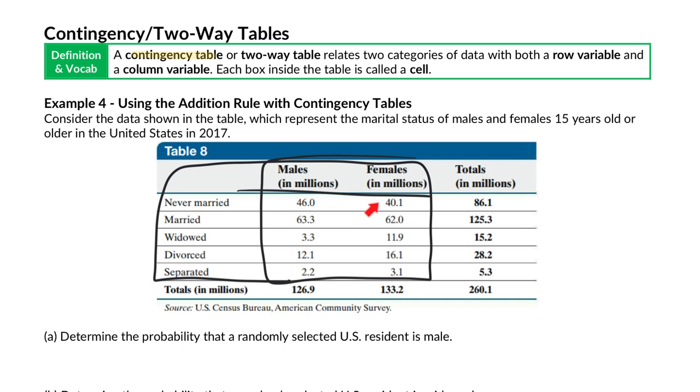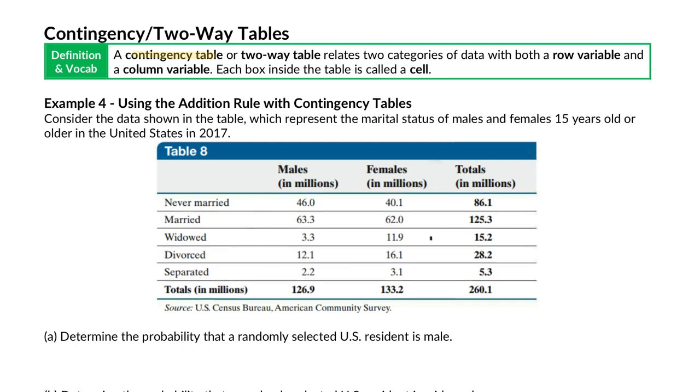So when we made this, and you might have to make your own total row, which is why I'm telling you this, we added these two numbers to get the total number of people never married, not depending on their gender. We added all of these up to see the total number of males, not depending on their marital status. So these two-way tables tell us a lot of information. You may have to do the totaling yourself on a particular problem, so just be ready for that.